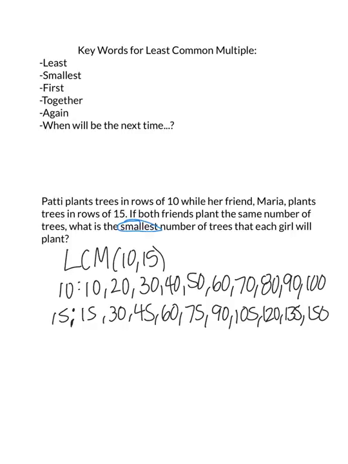Now I'm going to look for the ones that are in common. So I have 30, 60, 90. So now I want the smallest one, and that would be 30. So my answer is 30, and the answer to the problem would be 30 trees.